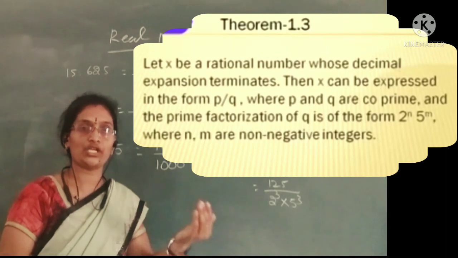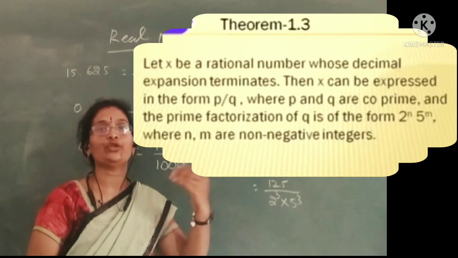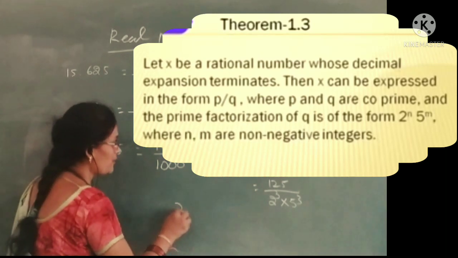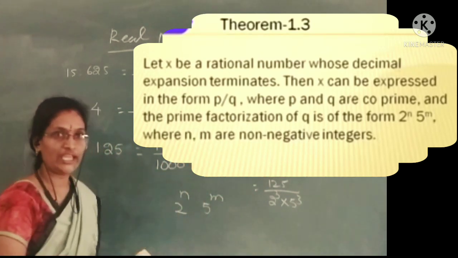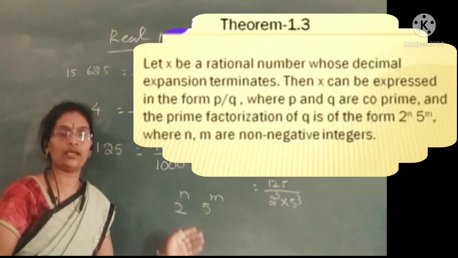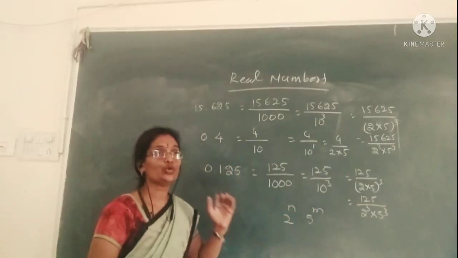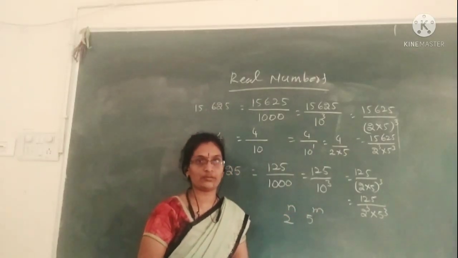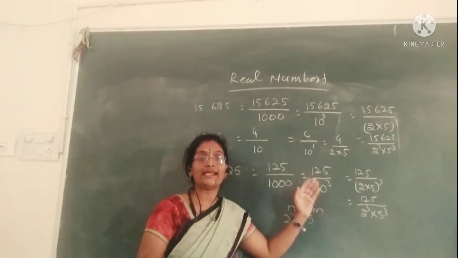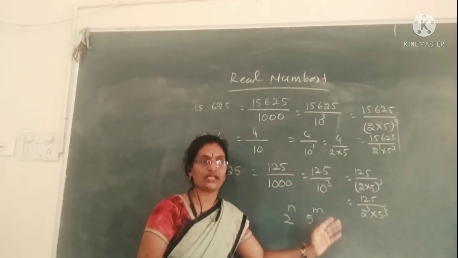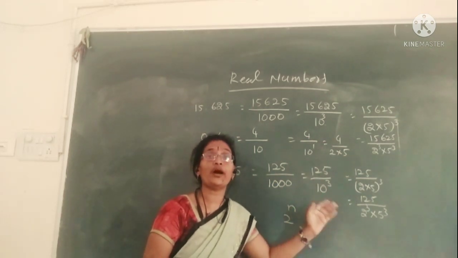The prime factorization of q is of the form 2 to the power of n and 5 to the power of m, where n and m are non-negative integers. Again we can state the theorem, how to define terminating decimals. Then x is a rational number whose decimal expansion terminates. The rational number is of the form p by q.